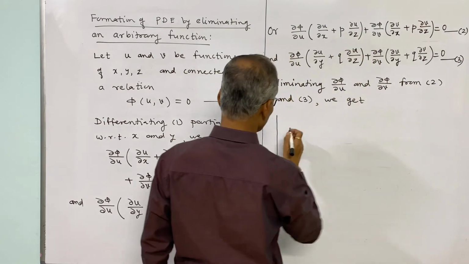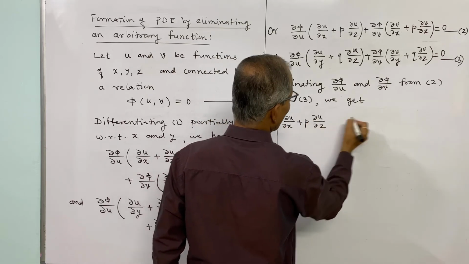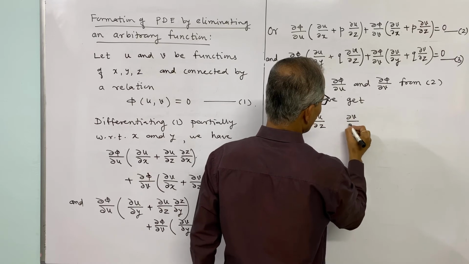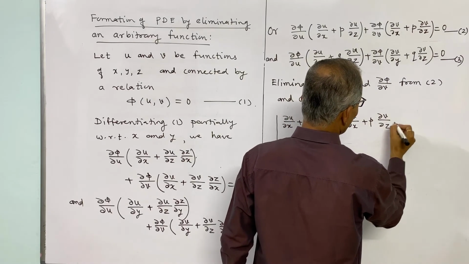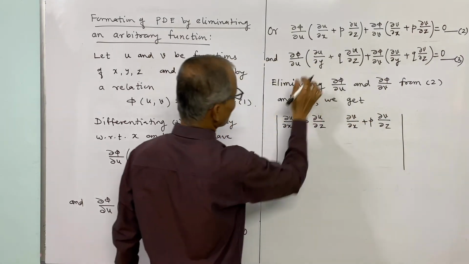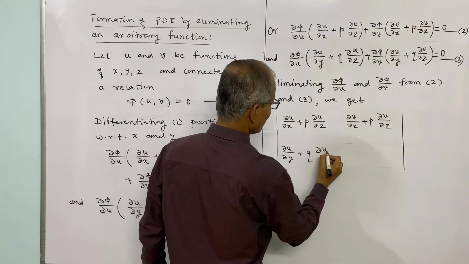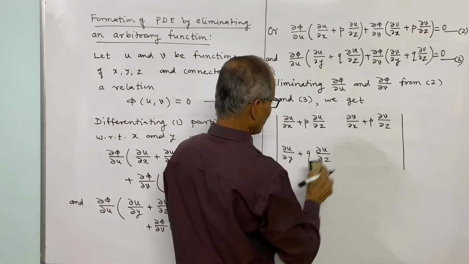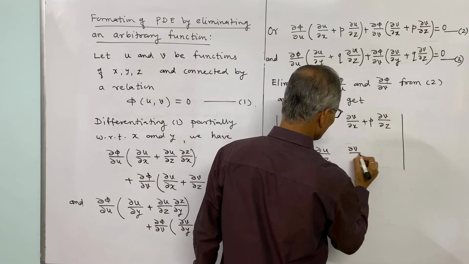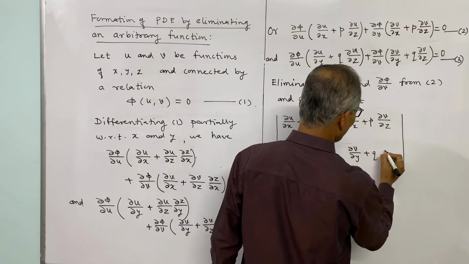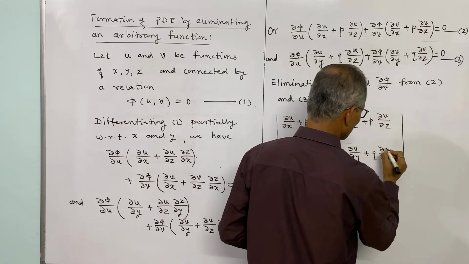What is the determinant of the coefficients? The first row is ∂u/∂x plus p times ∂u/∂z, and ∂v/∂x plus p times ∂v/∂z. The second row is ∂u/∂y plus q times ∂u/∂z, and ∂v/∂y plus q times ∂v/∂z.